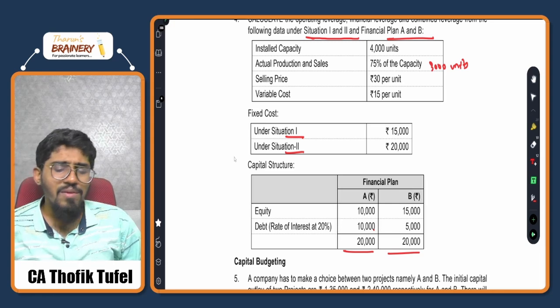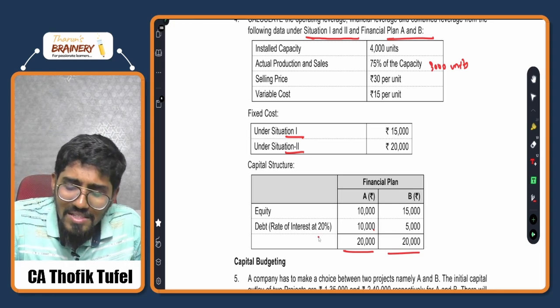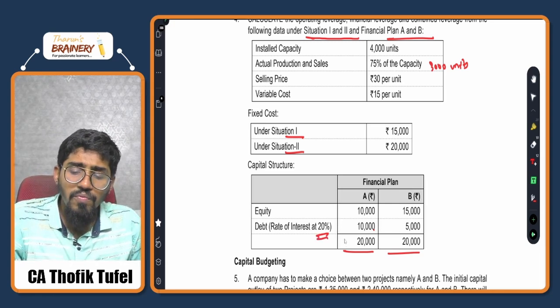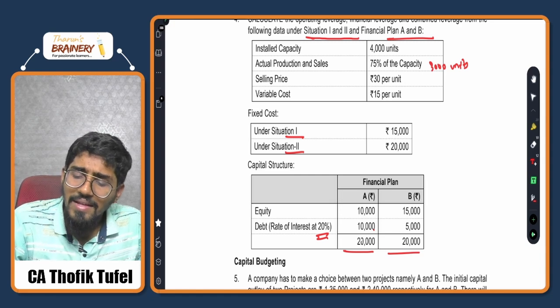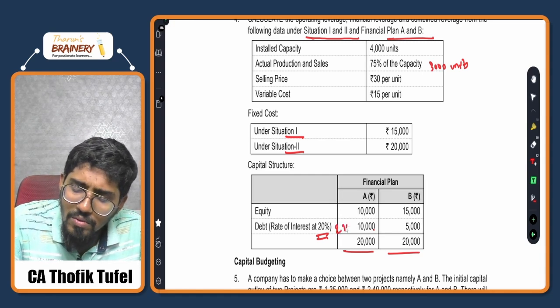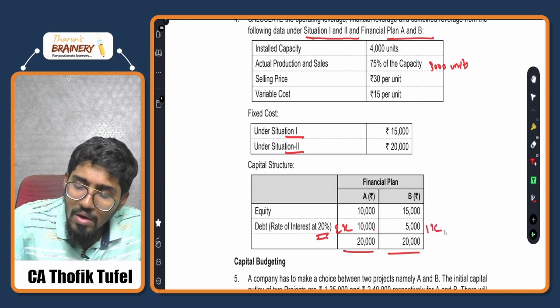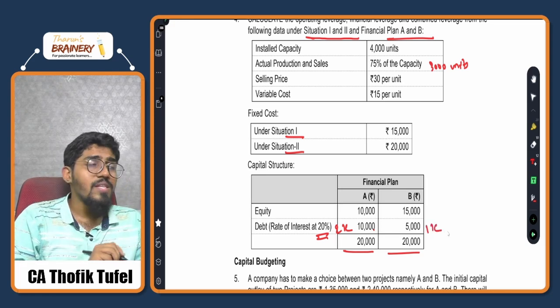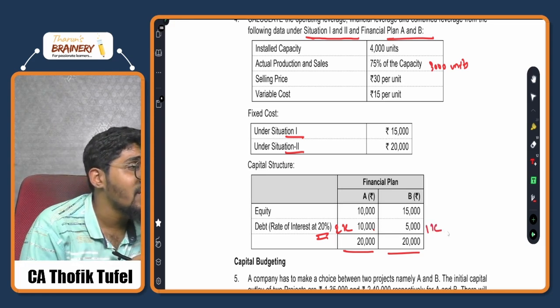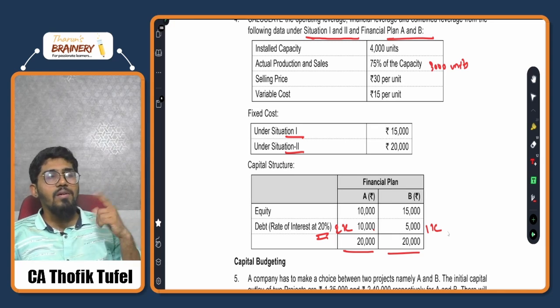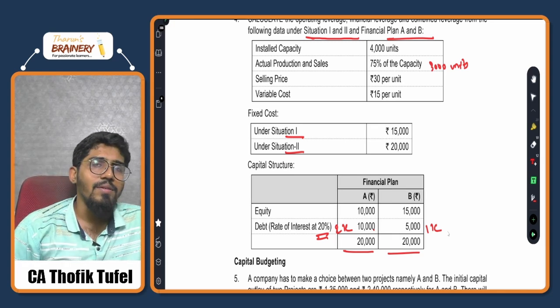Interest rate is 20%, so from this you can calculate interest. Here 10,000 into 20%, 2,000 rupees is the interest, and here 5,000 into 20%, 1,000 is your interest. So in both the financial plans the interest differs, and in both the situations the fixed cost differs.